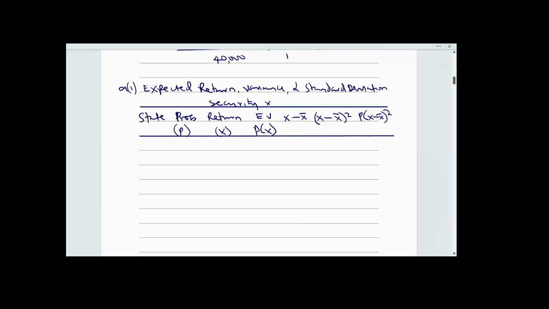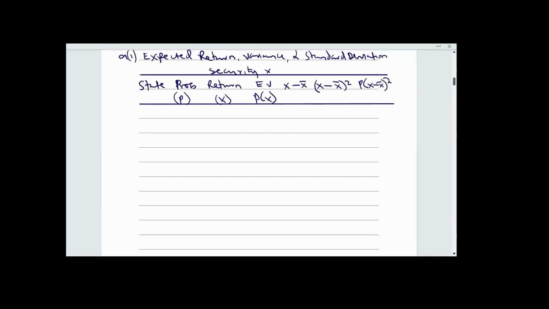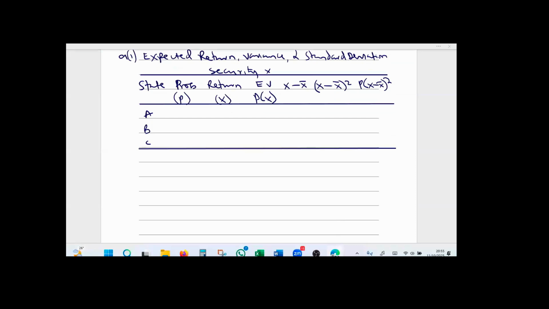All right. So we have three states of nature, which are state A, B, and C. The probability at state A is equal to 0.30, then 0.45, and then 0.25.